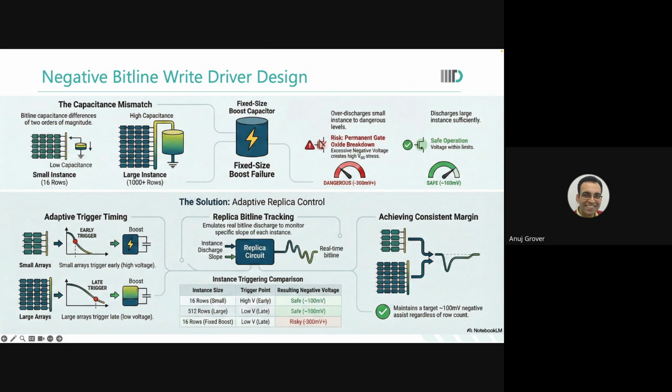If I were to instead trigger it at, let us say, 0.4, then my voltage would be around minus 125 millivolts. So do you realize that if I change the point at which I trigger my word line assist, I also change the negative voltage that will appear at the bit line. Are you able to see that?